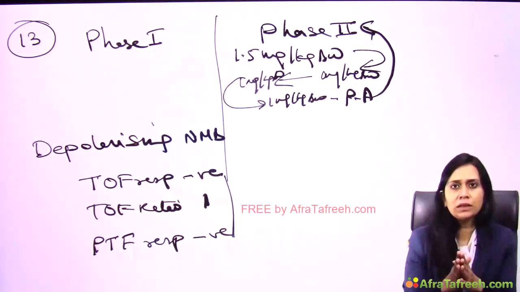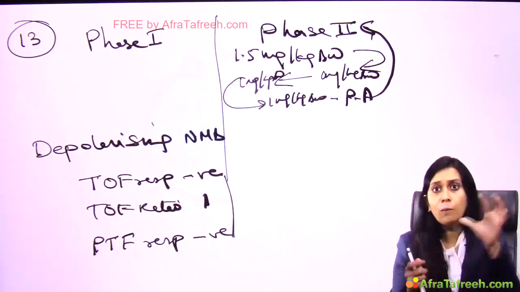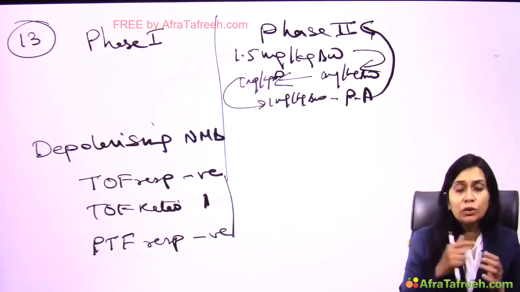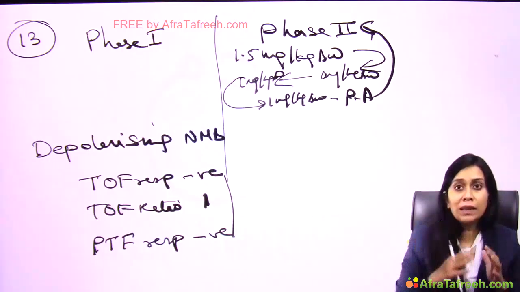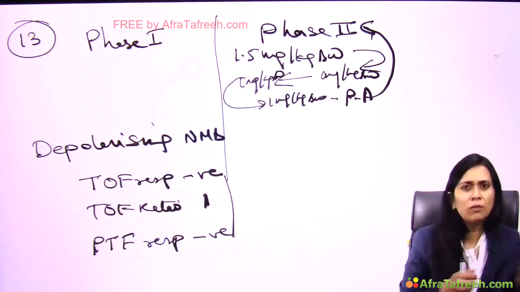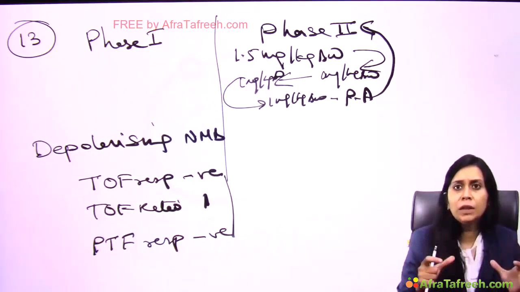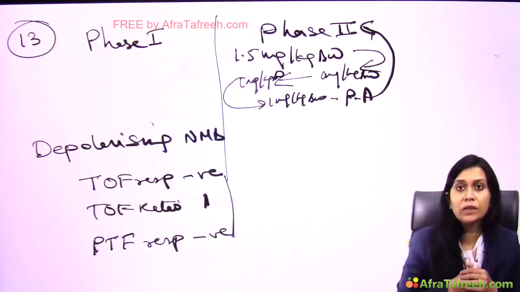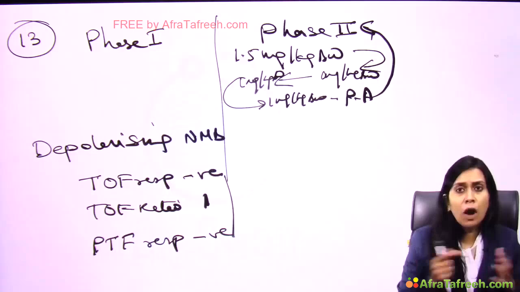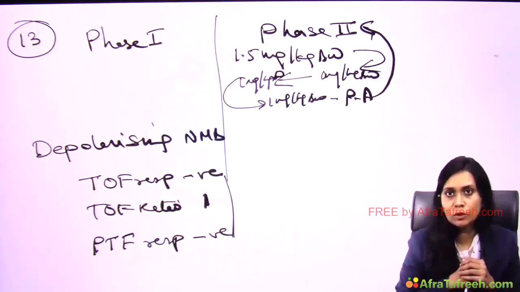When I give repeated doses of succinylcholine, 1.5, then 1, then 1, then 1, a point comes when the cumulative dose crosses 4 to 6 milligram per kg body weight. Succinylcholine starts showing prolonged apnea, and we say it has entered phase 2 block. What happens when we give repeated doses? The nicotinic cholinergic receptor gets desensitized by the effect of succinylcholine. Now succinylcholine cannot depolarize it, so it stops behaving like a depolarizing neuromuscular blocker.